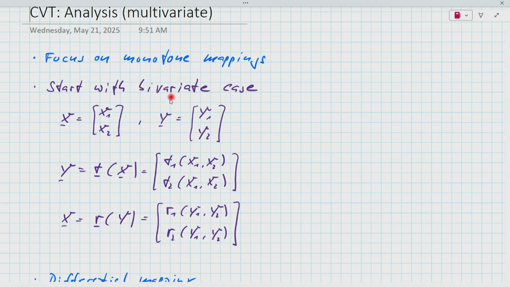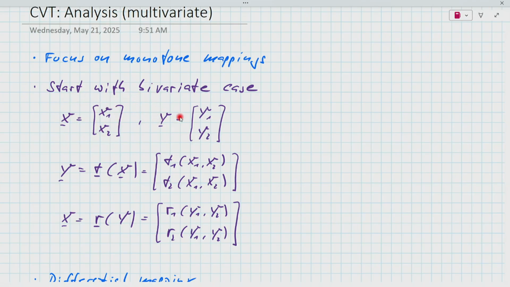We can start with the bivariate case that is complex enough and contains all the difficulties compared to the 1D case, the univariate case. So what we do is we consider a random vector x, consisting of 2 random variables, x1 and x2. And this would be the input, or the source.